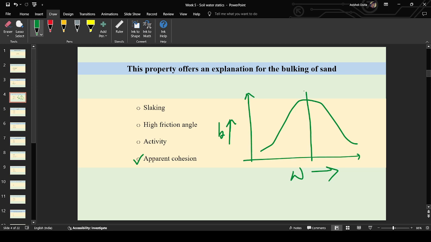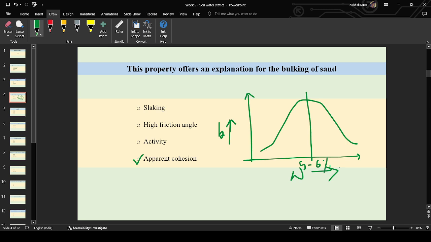Now, sand does not have cohesion, but those attractive forces create a sense that it has cohesion. That is actually not true cohesion, it's an apparent cohesion. That's why we use the term. Generally, in the case of sands, the moisture content at which it is found approximately ranges from 5 to 6 percent.